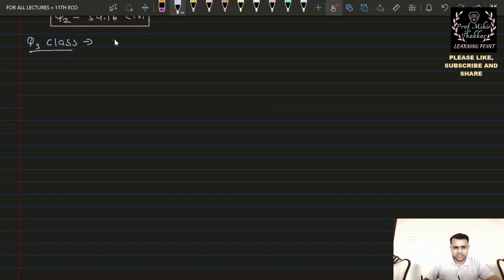For the Q3 class, I will get 3 into n upon the fourth observation, which is equal to 3 into 12.5th observation. When you multiply this, I'll get 5 into 3 is 15, 1 carry, 3 into 2 is 6 and 1 is 7, and 3 ones are 3.